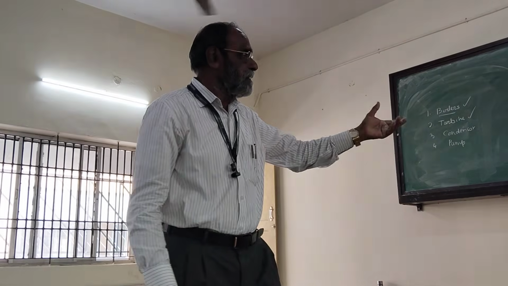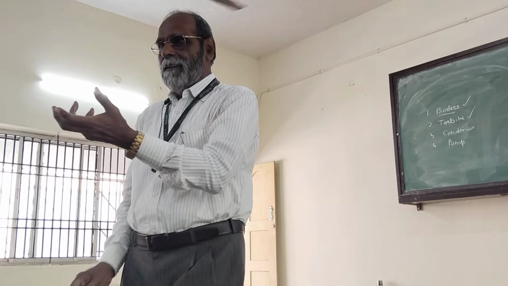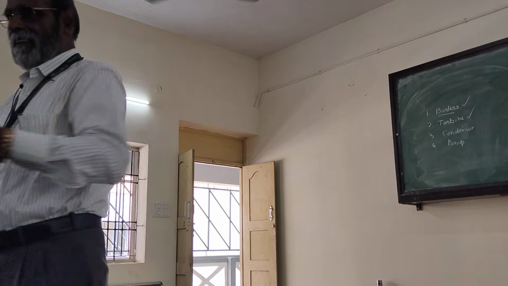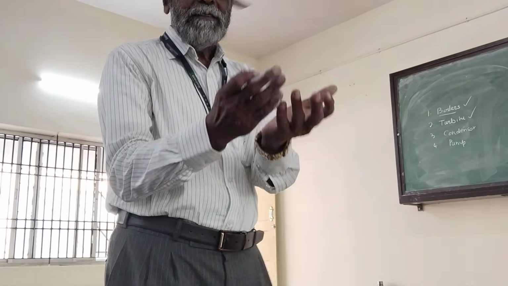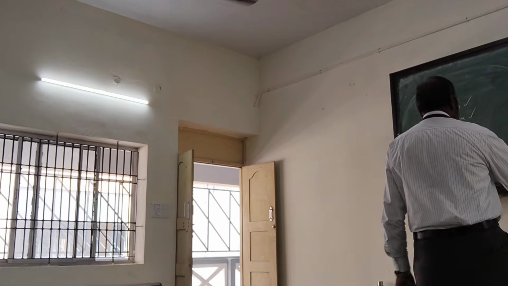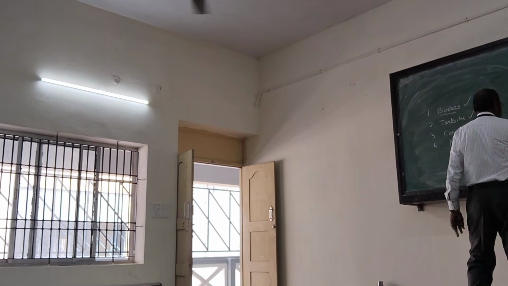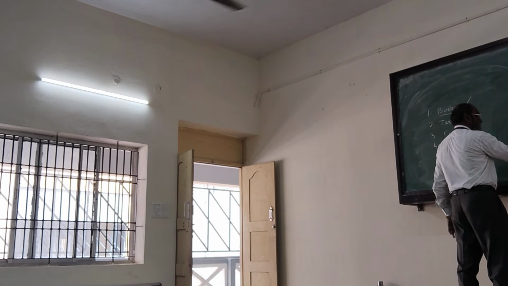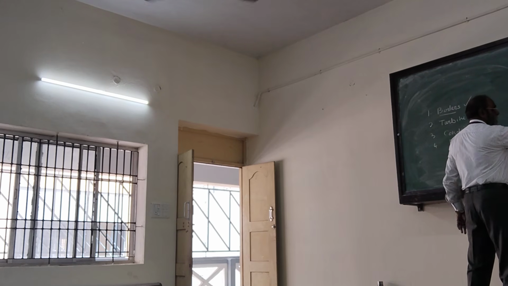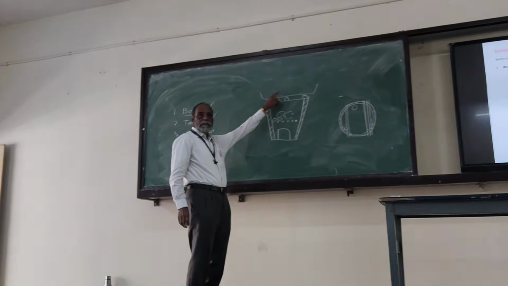Now what is happening? At the bottom, you are generating heat. In this domestic chulha, you are generating heat. What we used to do here, this forms something called a plate, and here you put your coal or wood and burn it. This gives the heat to this vessel.